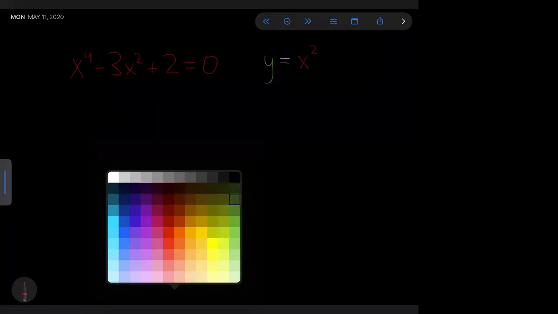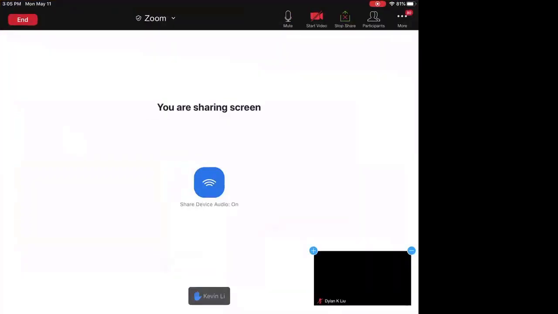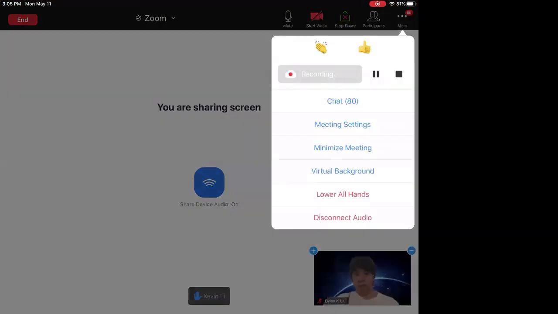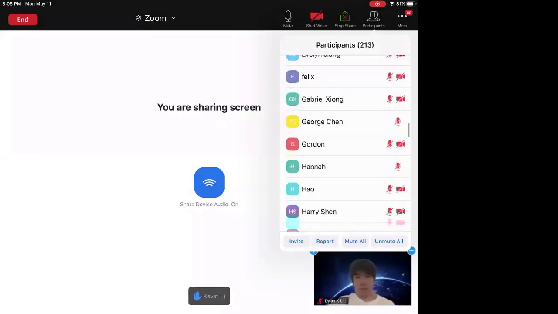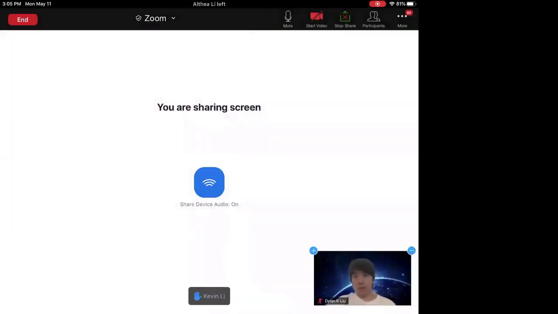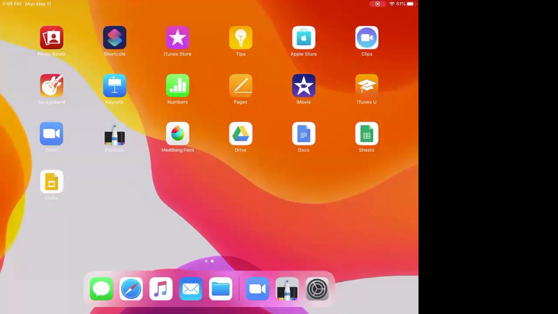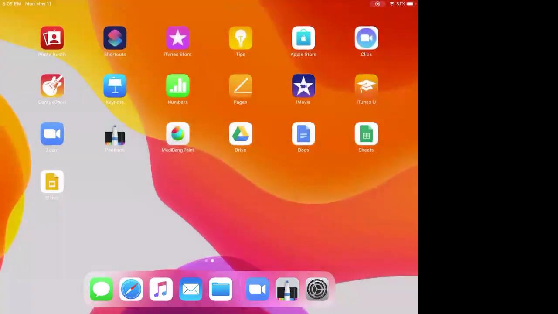But it's hearing a lot of background noise. Someone not muted? Some people are not muted apparently. Could mute all again. Sweet.